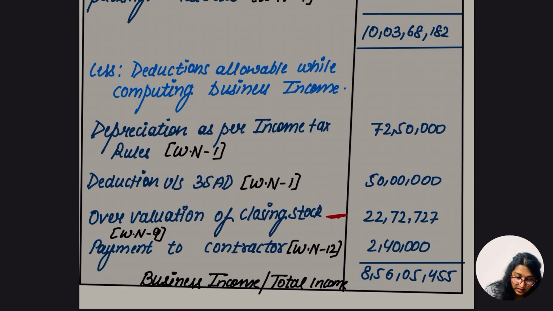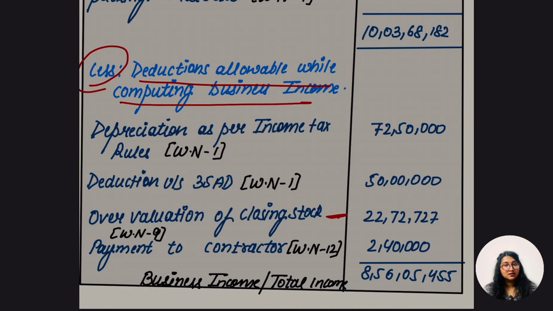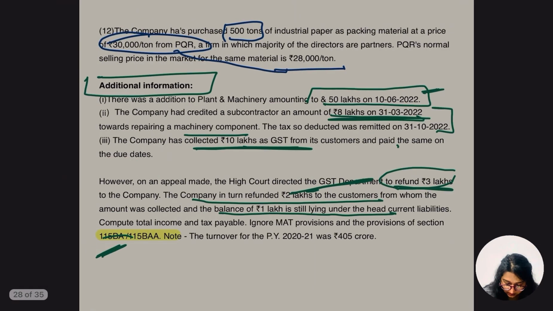This is covered under the deductions allowable in computing business income. Hope that is clear now, guys.